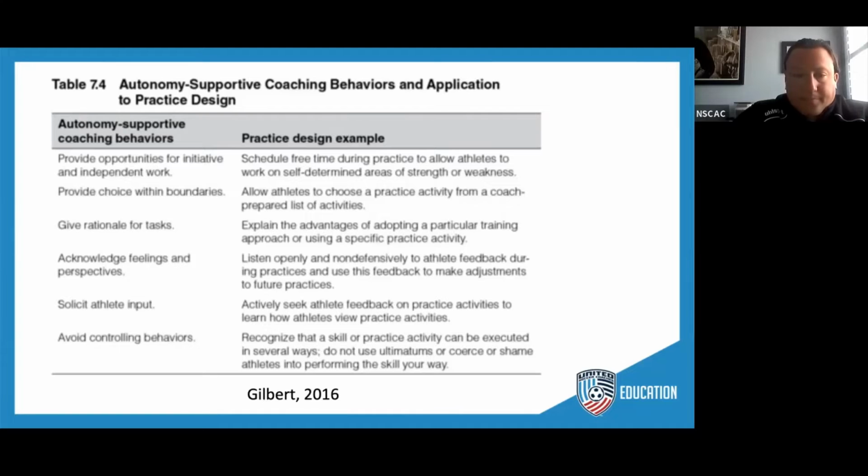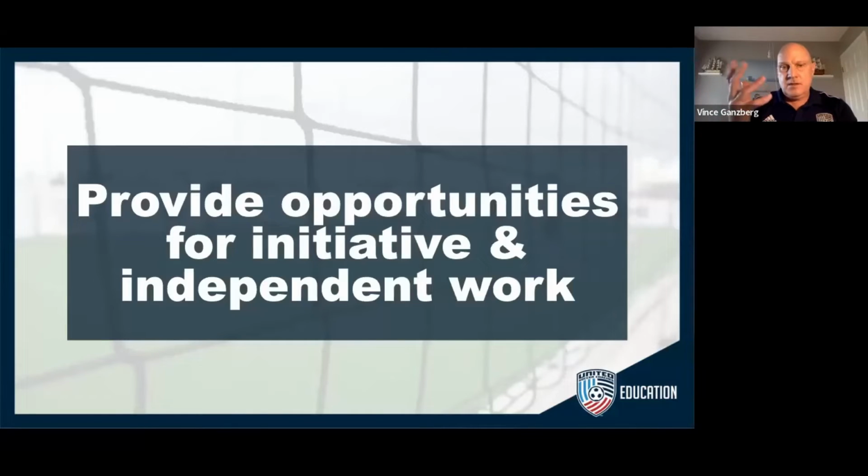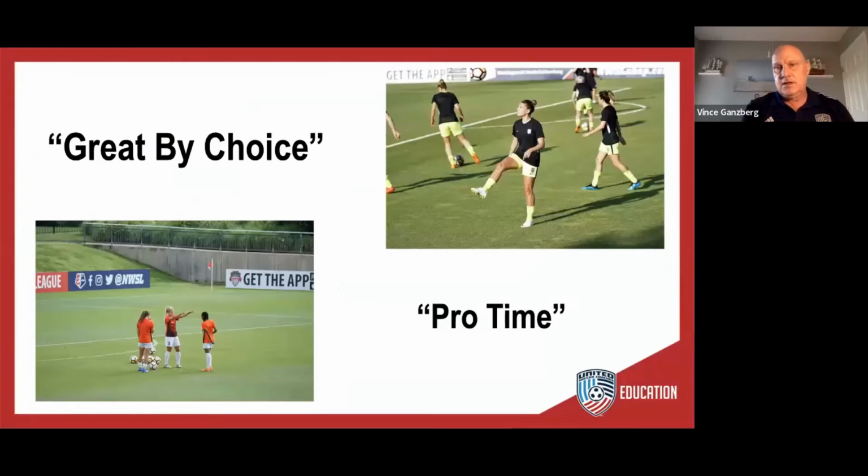Okay. All right. So the first one, providing opportunities for initiative and independent work. So like I mentioned, Gregor Townsend at the beginning. He called it great by choice. So basically he told players that they have X amount of time to be great by choice, to work on what they think they need to work on. They can do it by themselves.